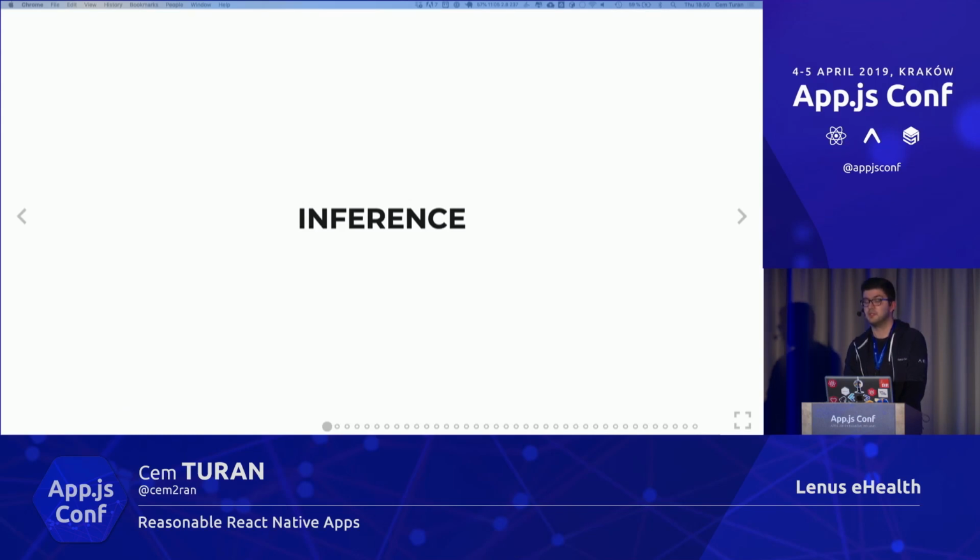OCaml code and ReasonML code requires very little typing in terms of types because there is such good inference. So I think of it as a nice middle ground between the productivity you get from JavaScript and the safety you get from types in, for instance, TypeScript or Flow.